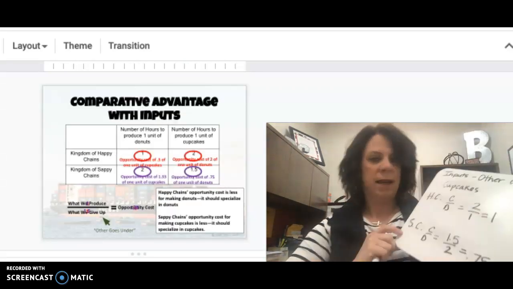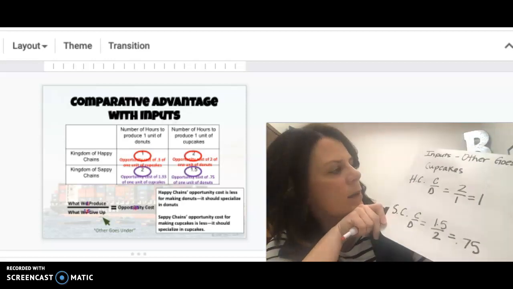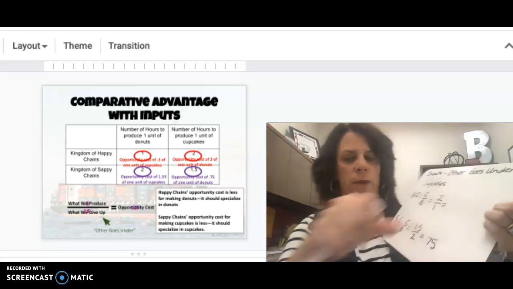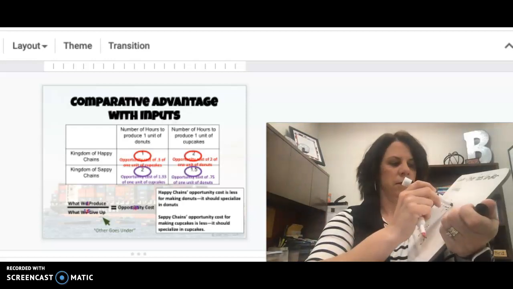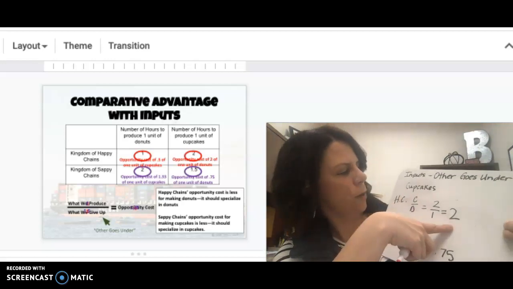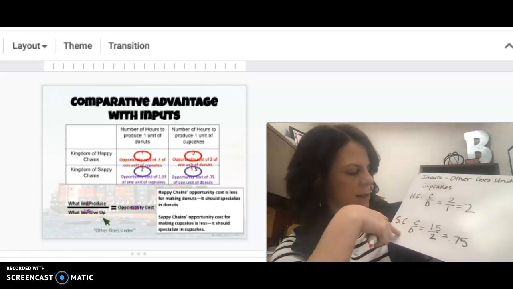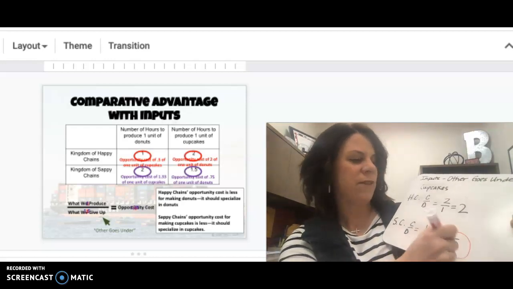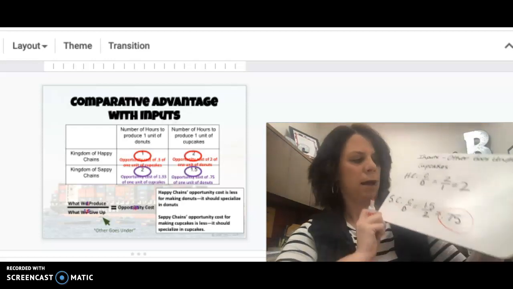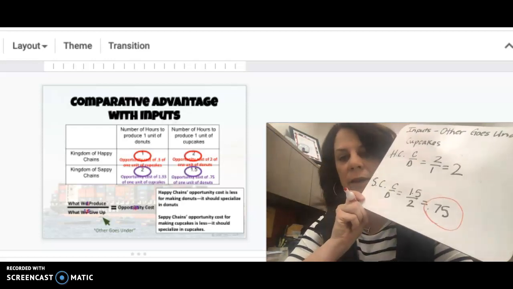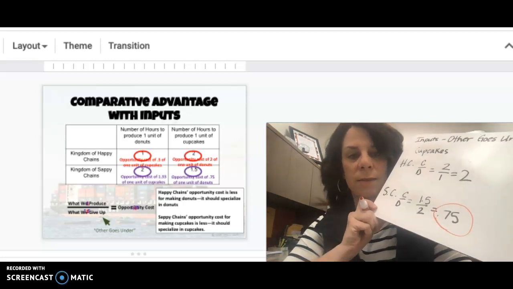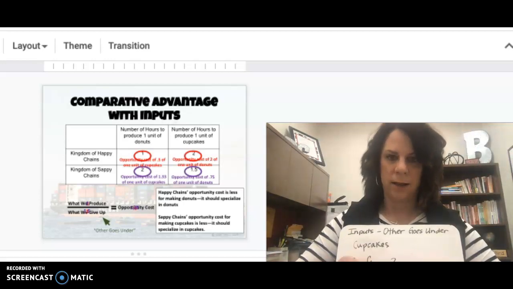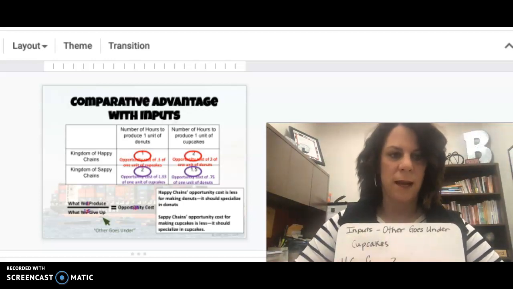So what this says is if Happy Chains is going to spend time making cupcakes, they are giving up, this is supposed to be a 2, sorry, they're giving up 2 hours making donuts, whereas Sappy Chains, if they're going to make cupcakes, they give up 0.75 hours making donuts, and so they have the lowest opportunity cost. Thus, they have comparative advantage. Ta-da! All right, that's comparative advantage with inputs.